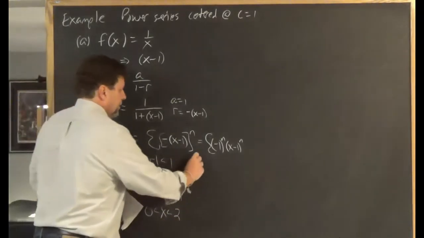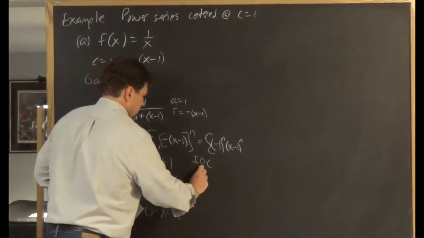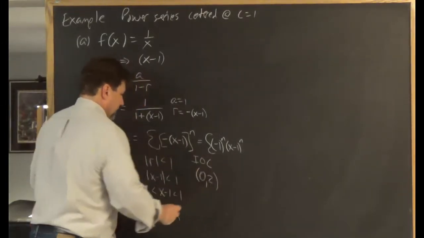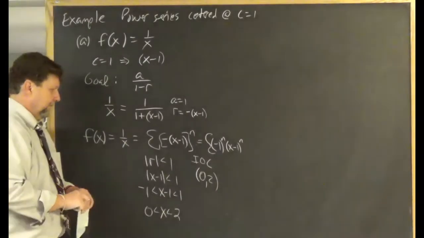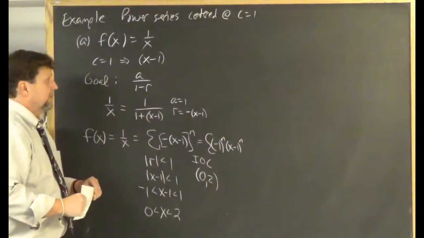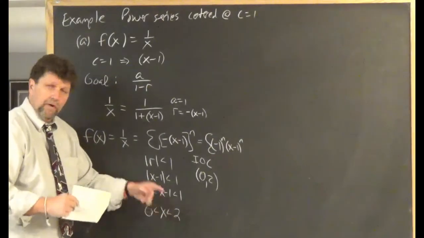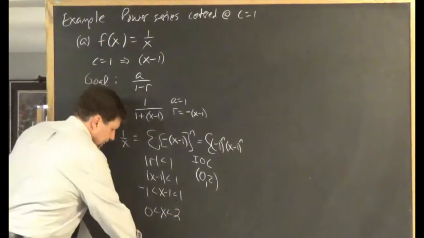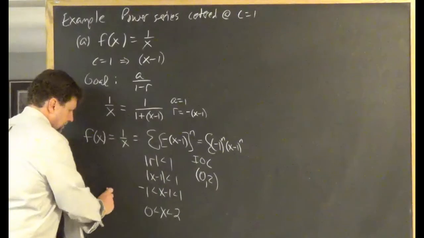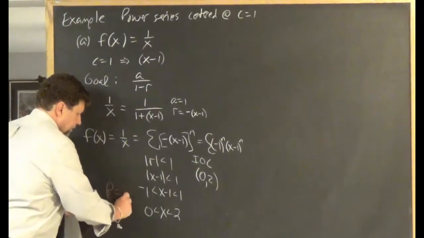So the interval of convergence is 0 to 2. All right, so note, because it's centered at 1 and we have 0 to 2, this tells us the radius of convergence is 1.